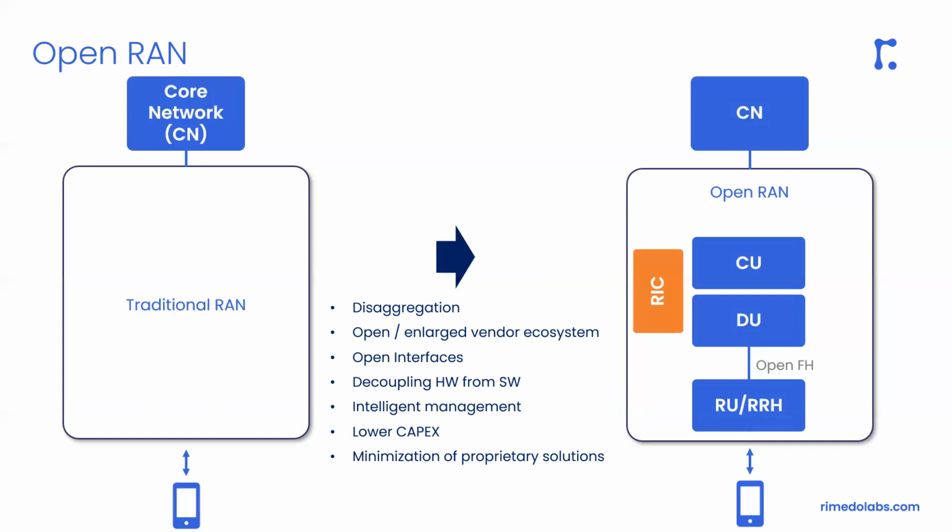And that we have this intelligent management by the introduction of the external entity called RIC, that brings external vendors also to develop applications that will then be discussed in part number 3 and part number 4 of that tutorial. So all in all, with Open RAN, we are speaking about disaggregation of the base station into multiple components.